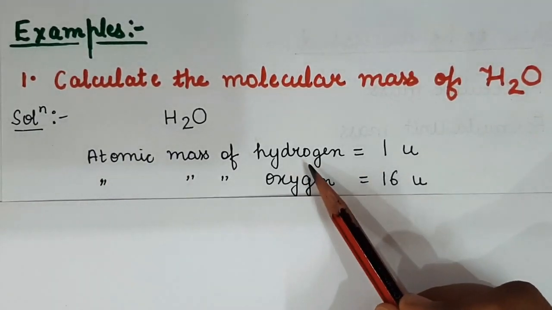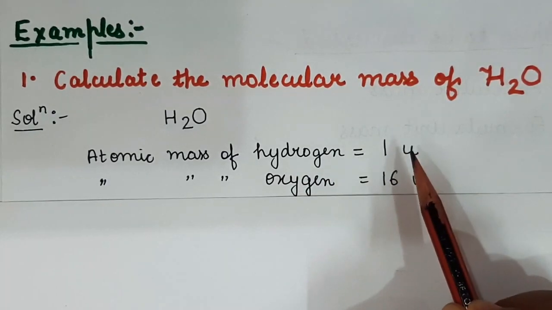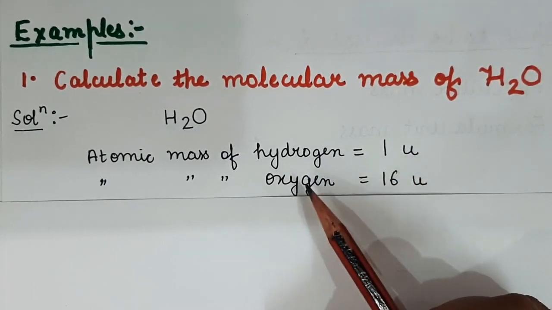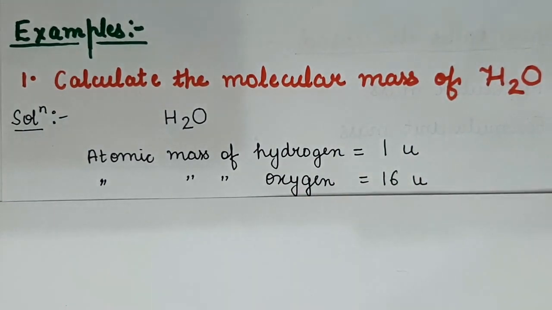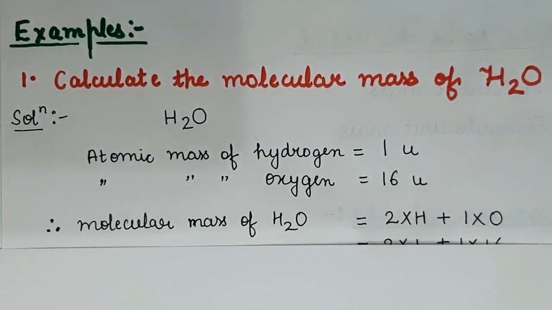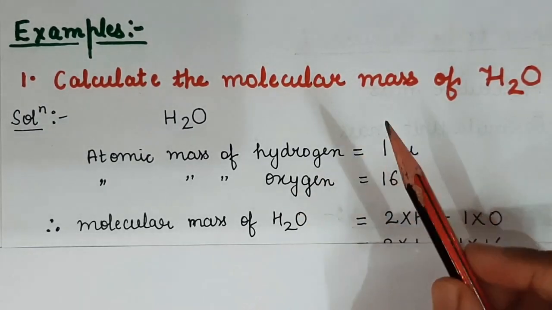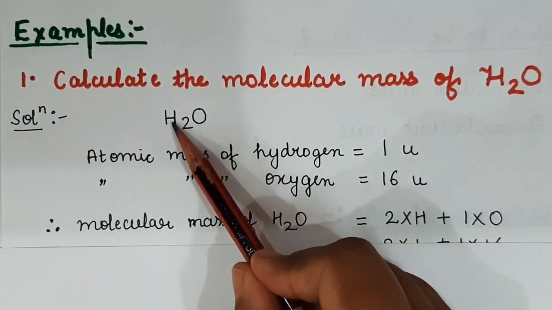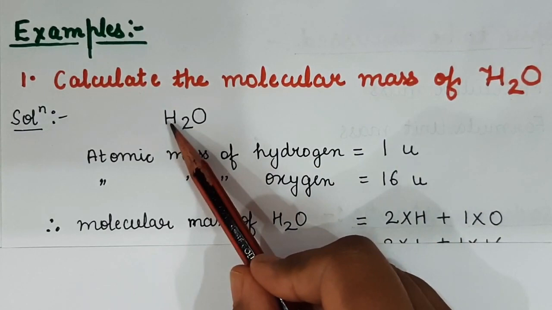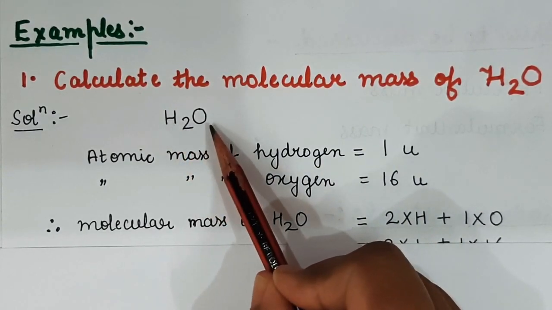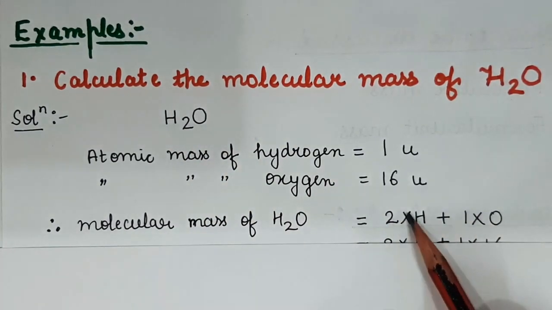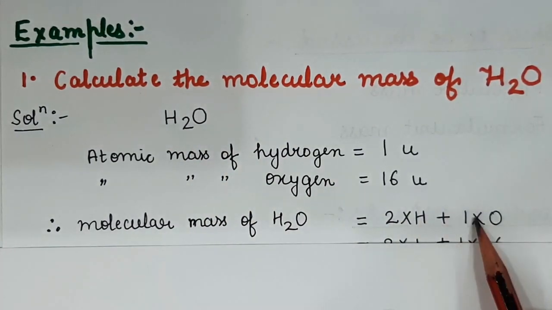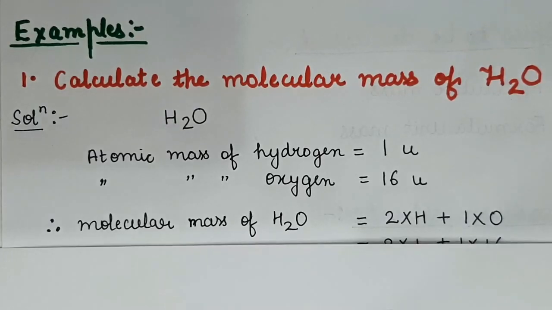The atomic mass of hydrogen is 1 U. And atomic mass of oxygen is 16 U. So, what is the molecular mass of water? It will be twice of hydrogen, because there are 2 atoms of hydrogen, and 1 of oxygen. So I have written twice of hydrogen plus 1 of oxygen.